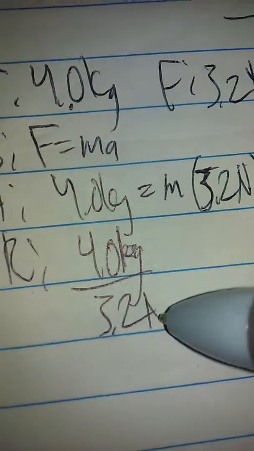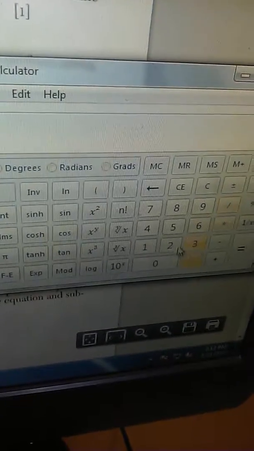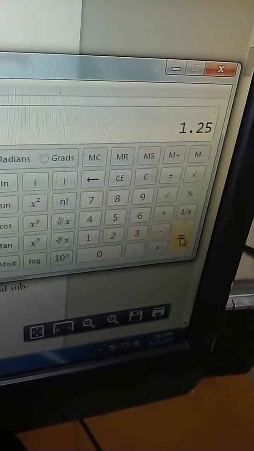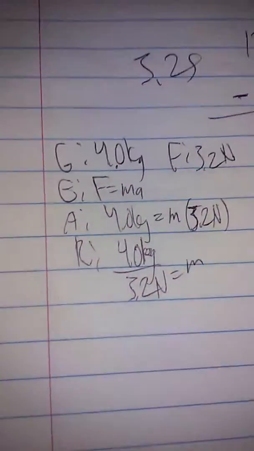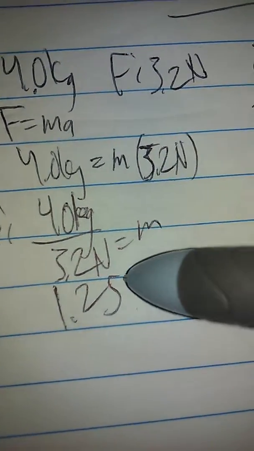So 4.0 kg over 3.2 newtons equals m. 4 divided by 3.2 is 1.25.